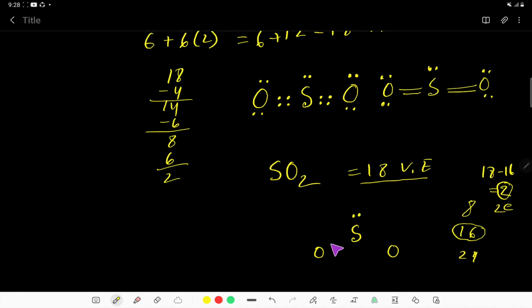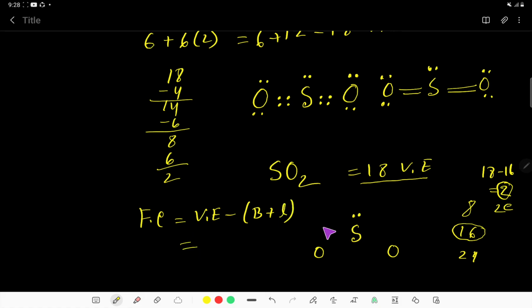And to get the base Lewis structure, you have to consider zero formal charge for all the atoms. But here, consider sulfur, we will put zero formal charge for sulfur. So what will happen? We will use this formula: formal charge equals valence electrons minus number of bonds plus number of lone pair electrons, right?